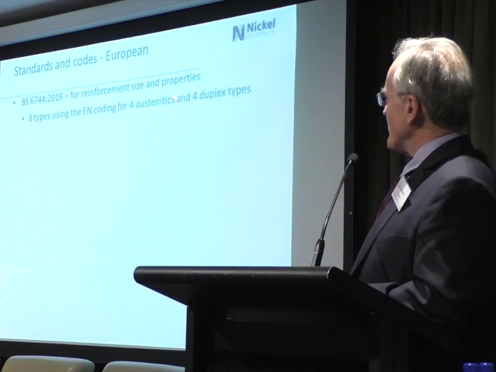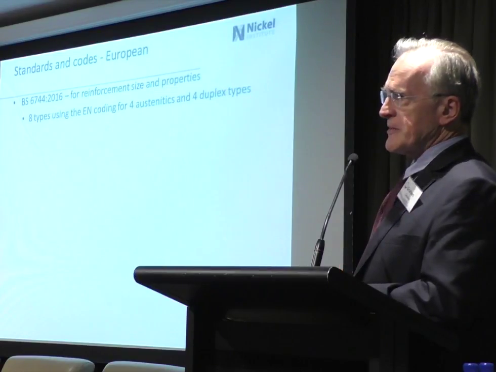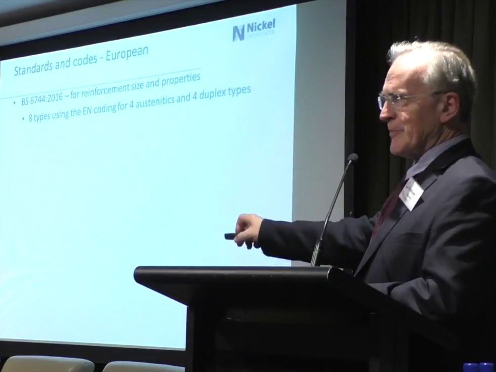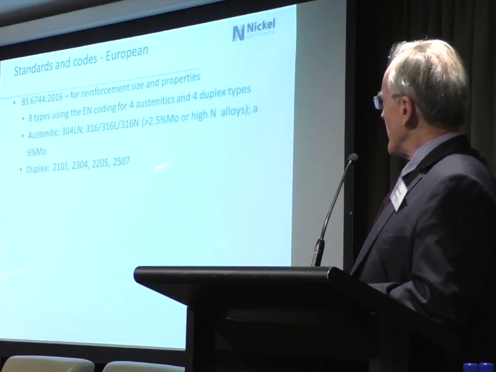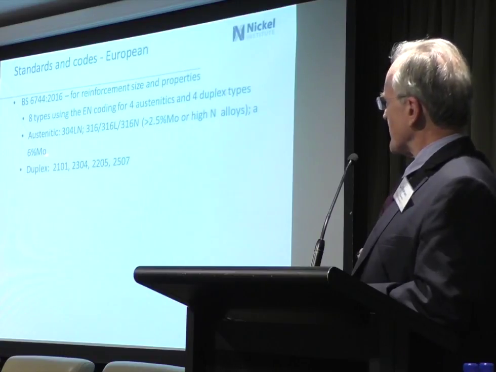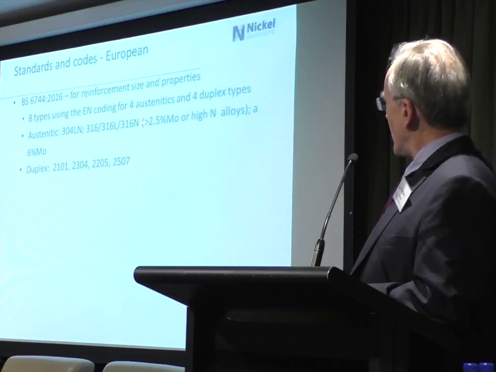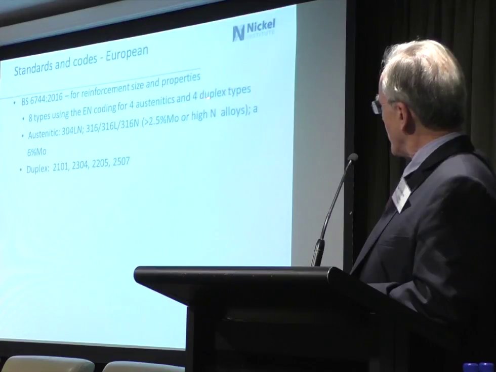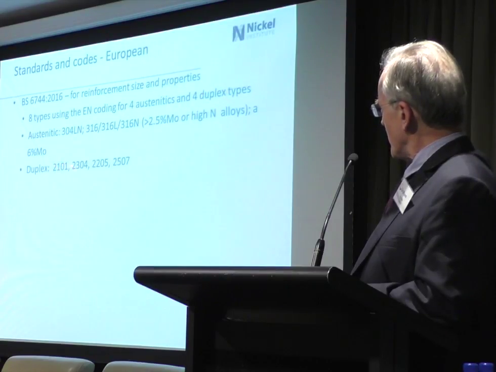It's got 8 types: 4 austenitics, 4 duplexes. Full stop. That's it. It goes up to the 6% moly. It allows for the high duplexes, normal duplex, high duplex, so 4 of them, 4 of the others.